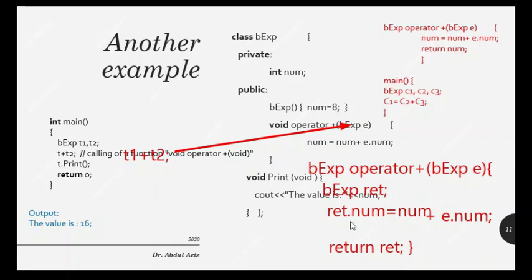This ret is my temporary object that I'm going to return from this particular operator, and at the end I'm going to return this object. So this is how we write code for operator overloading when using this operator as a binary operator.